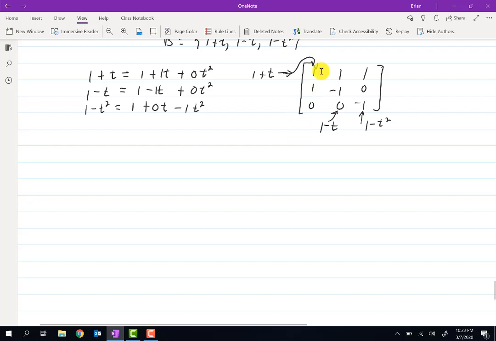So what I'm going to do is wipe out this coordinate here by taking negative r1 plus r2. When I do that, the first row is fine, but the second row I'll get 0, negative 1 minus 1 will be negative 2, negative 1 plus 0 will be negative 1. The last, I didn't do anything with the third row.